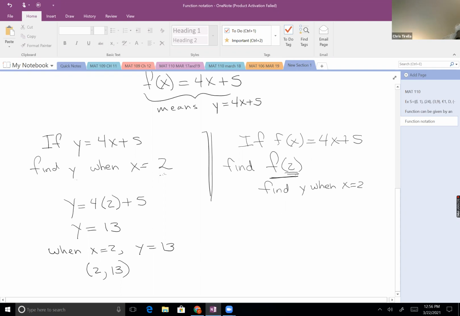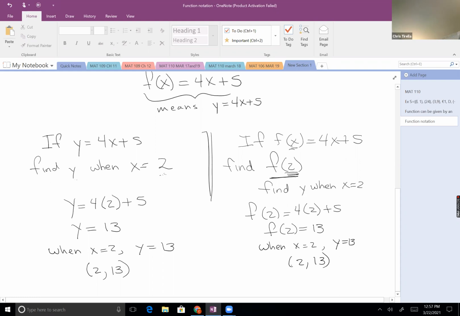We've substituted the 2 in place of the x. So f of 2 would be 4 times 2 plus 5. Or we'd say that f of 2 equals 13, which is like saying when x equals 2, y equals 13, or we've got the point (2, 13).